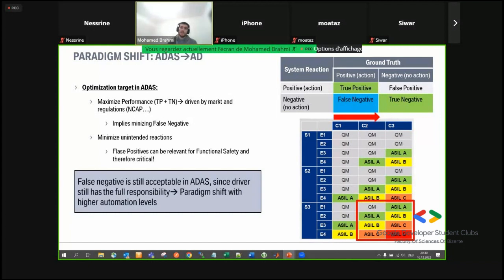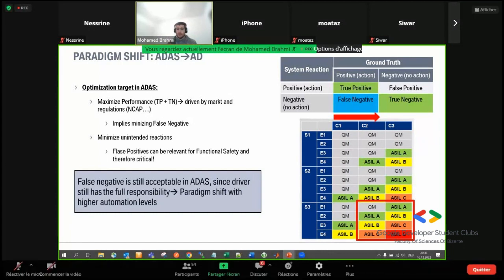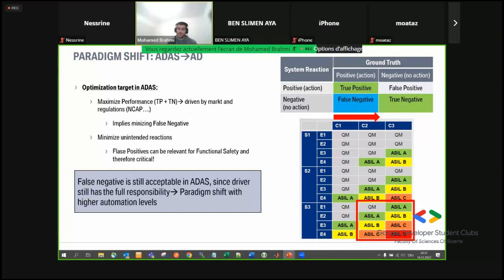In the context of advanced driver assistance systems, this is still kind of acceptable. Why? Because the driver is always in the loop and the driver has to take care. That means even when the system does not react, the driver has to react, because these systems have just a supportive aspect. They are just supporting the driver, but the driver still has the main responsibility.